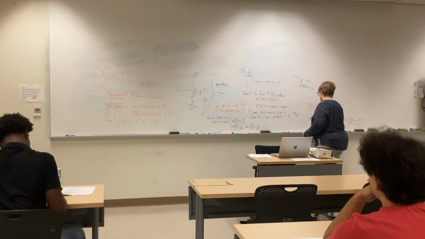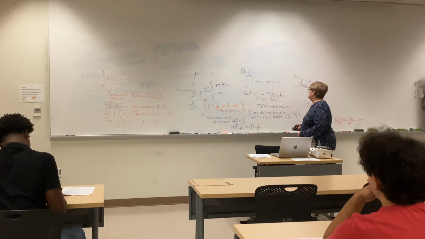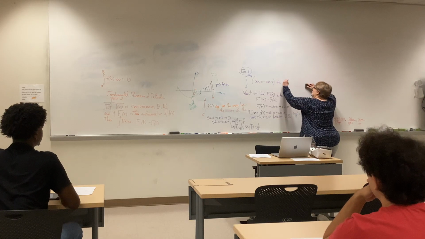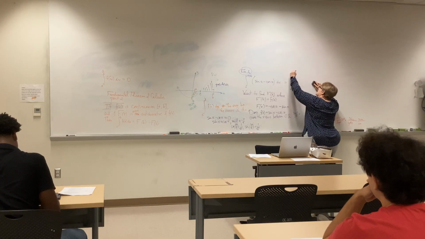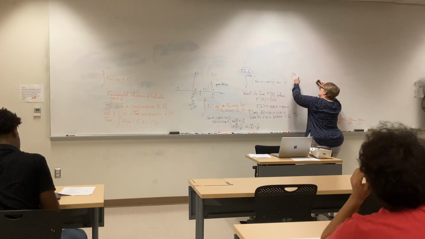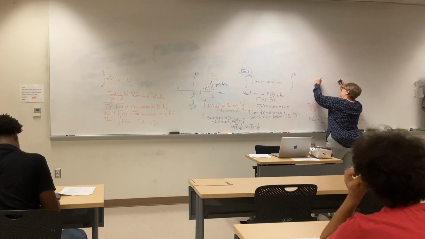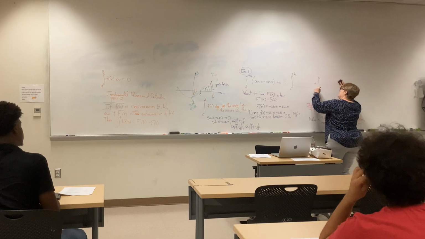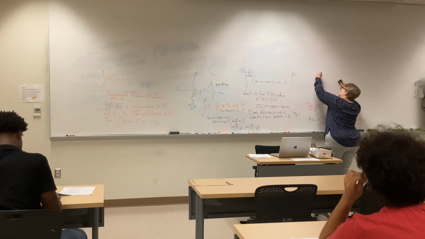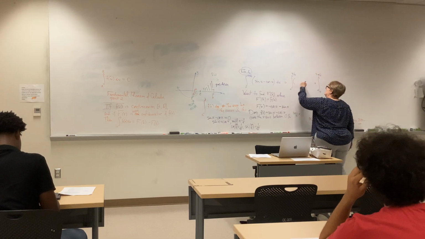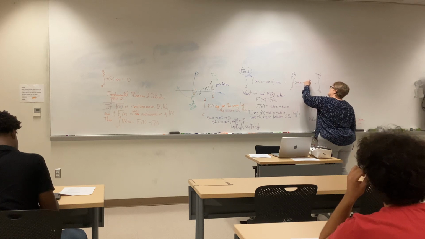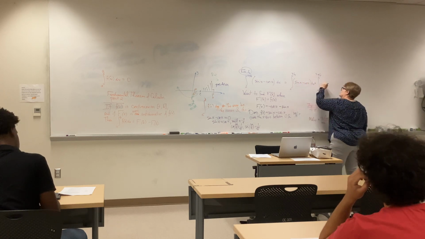So it appears that we start at 0 and go up to pi over 4, and then start at pi over 4 and go up to 3 pi over 4.